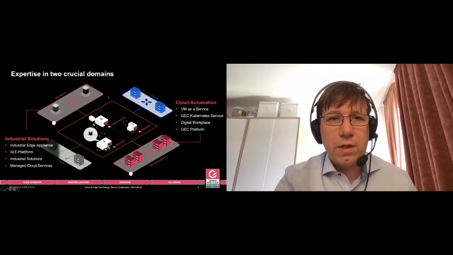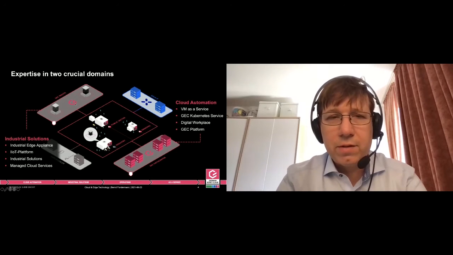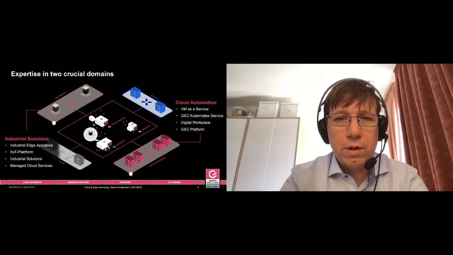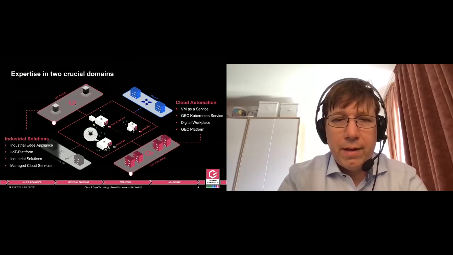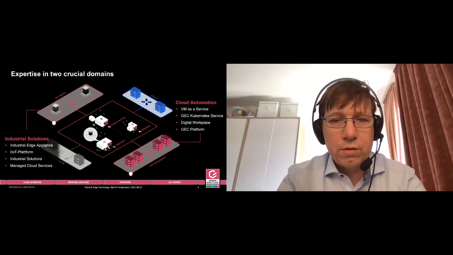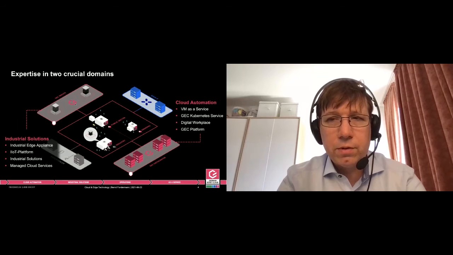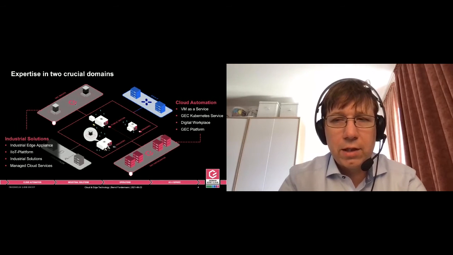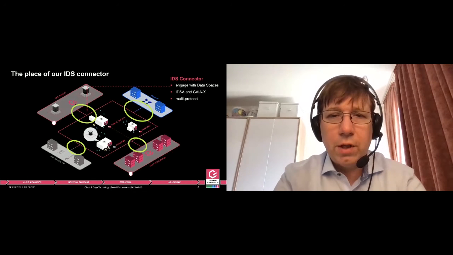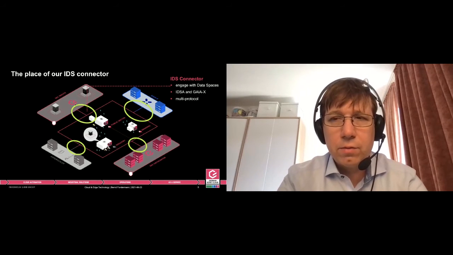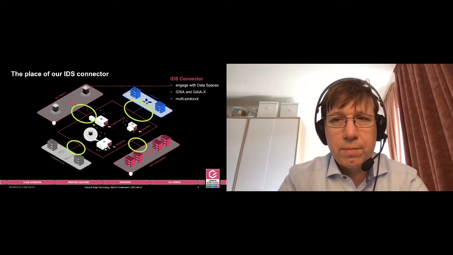Additionally, we are also present at the edge with our own infrastructure our customers use. And there is a lot of interaction between all these players with different sites, different kinds of cloud, fog, edge computing. So this is where the connector comes into play and will play a major role in the future.